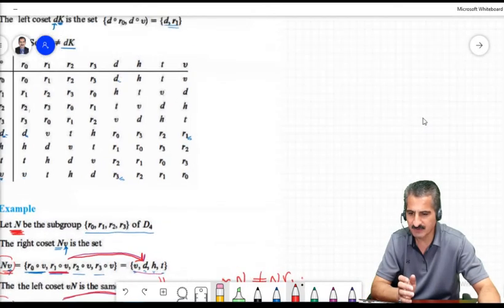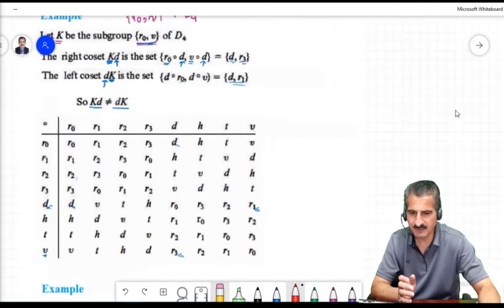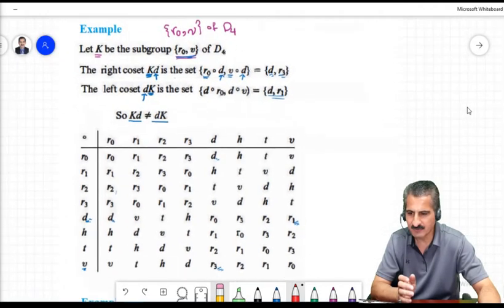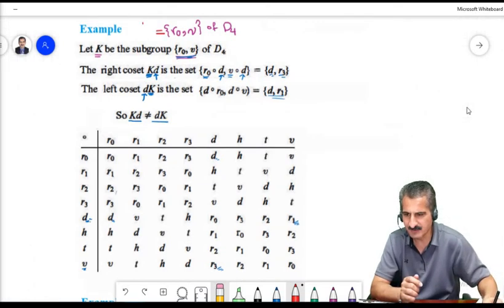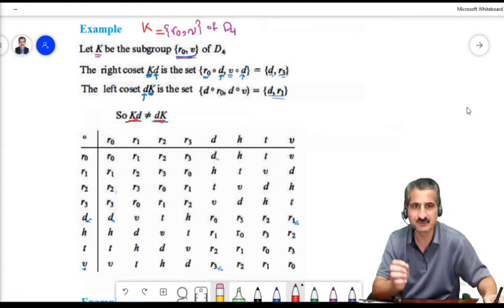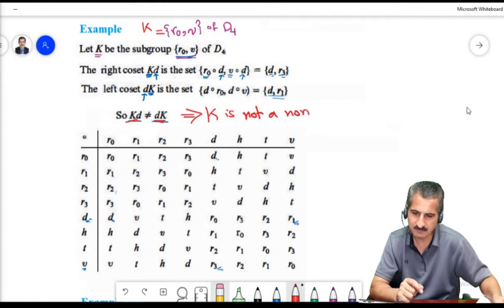So we are here at this subgroup K, and we noticed that the left coset and right coset for some element D are not equal. Then we will say K is not normal. It is a subgroup, but it's not a normal subgroup of D4.